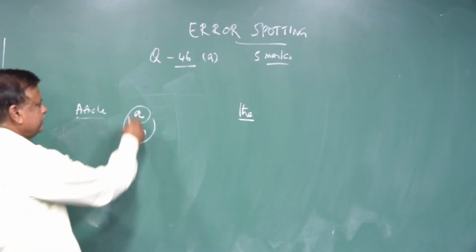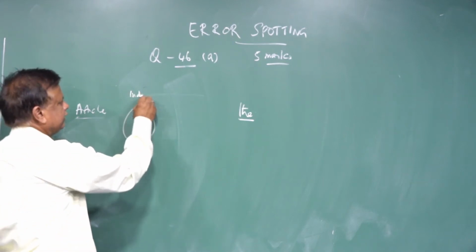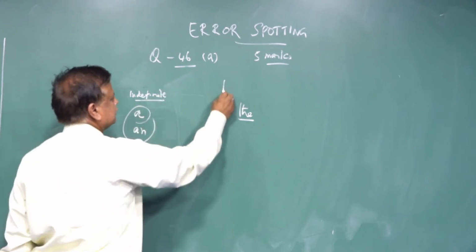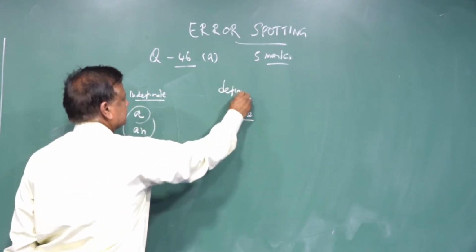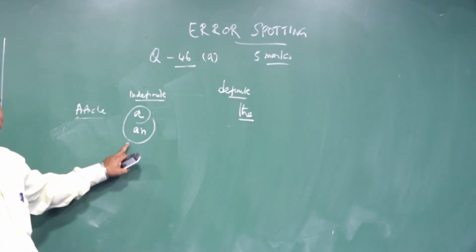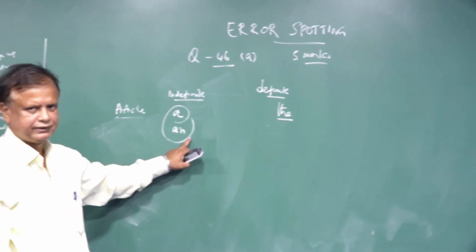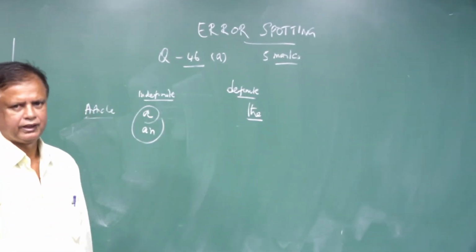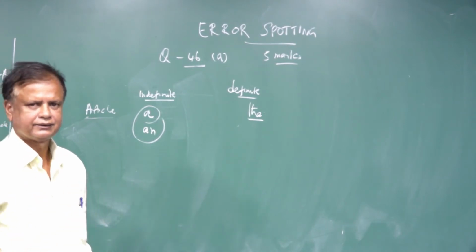A and an are the indefinite articles, whereas the is a definite article. A and an are used only for singular things, whereas the can be used for plural as well as for particular things.